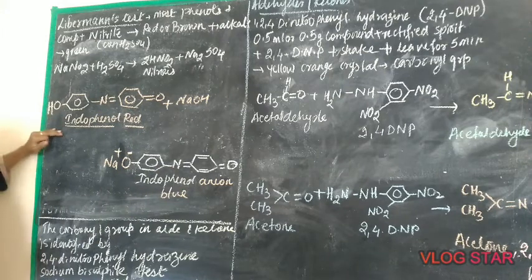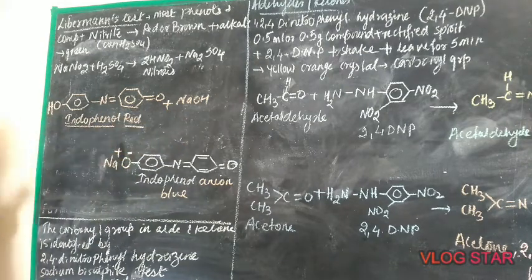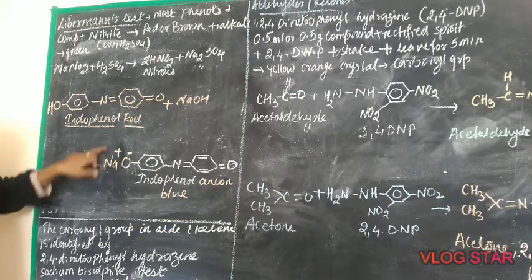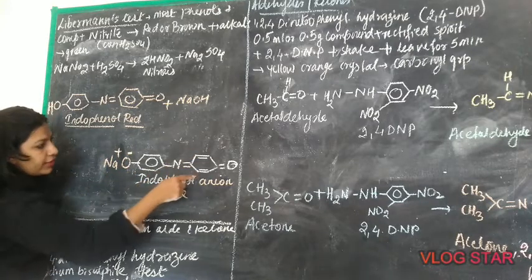Now, when indophenol red reacts with a strong alkali, NaOH, it gives indophenol blue, that is the anion, Na positive O negative, the aromatic ring, N double bond ring, double bond O.